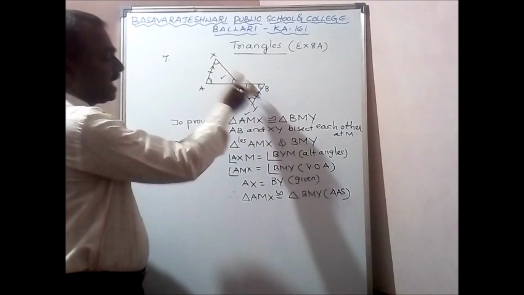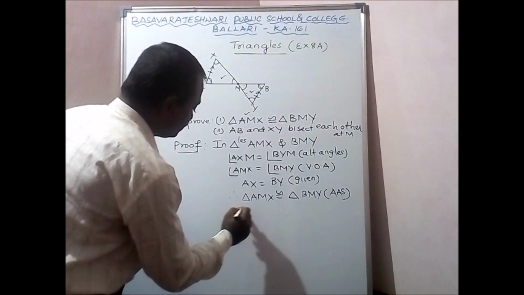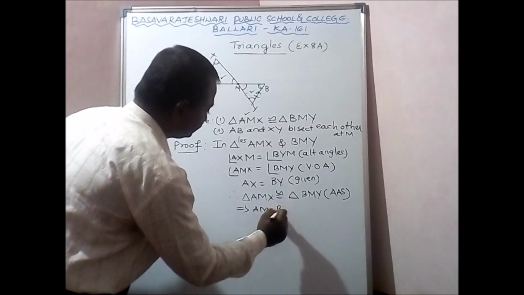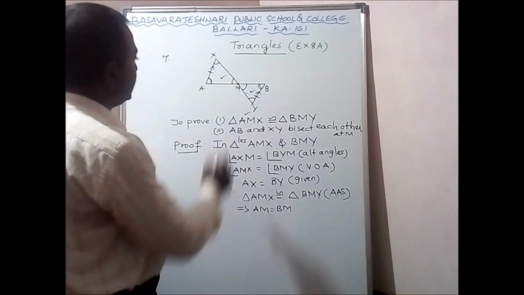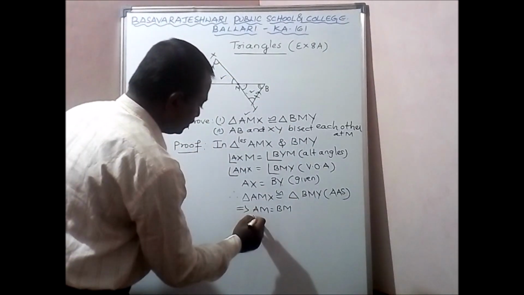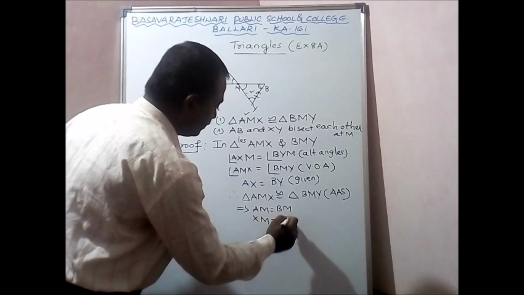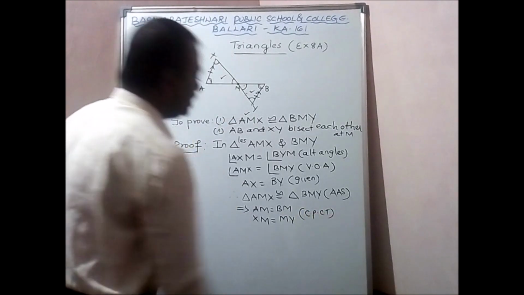Since these two triangles are congruent, what can we say? So this implies AM is equal to BM. Similarly, XM is equal to MY, by CPCT.